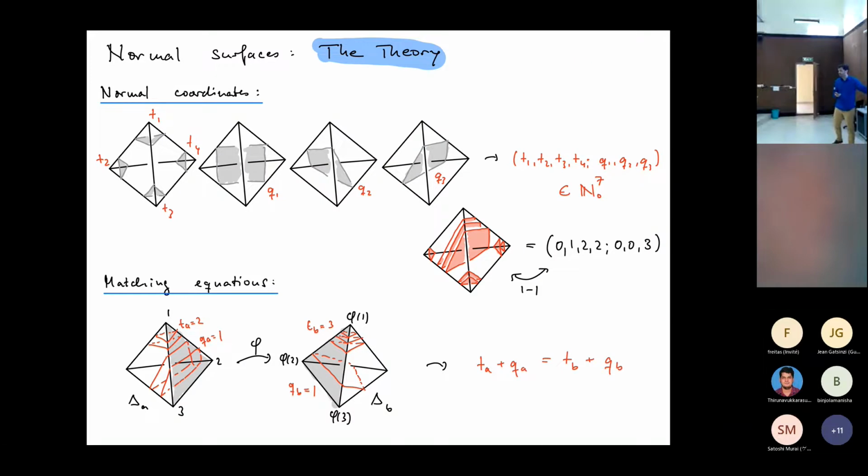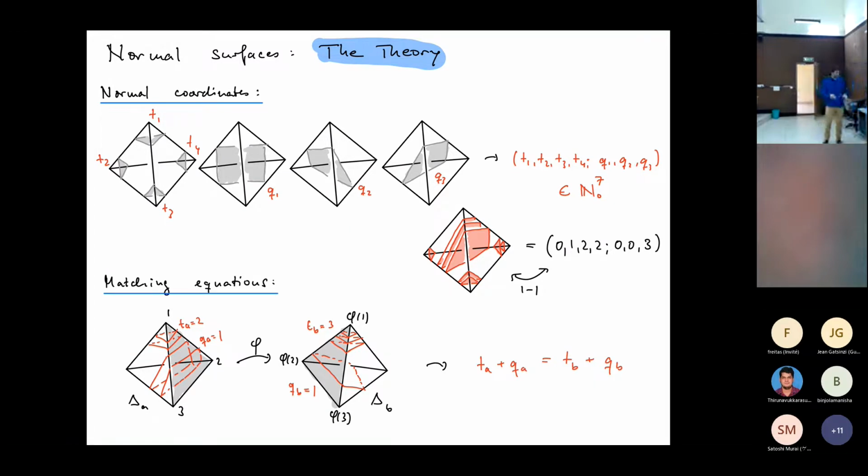And now we want our surface to be properly embedded, which means that we must have something called the matching equations. These normal disks exit the tetrahedron. They have to continue onto a similar normal piece in the other tetrahedron, right? So they must match up, and we have these nice linear equations: the number of parallel copies of a triangle type and a quad type from one tetrahedron must equal those of another triangle type and quad type on the other side.